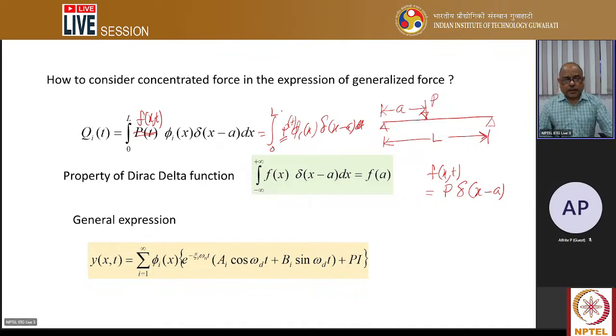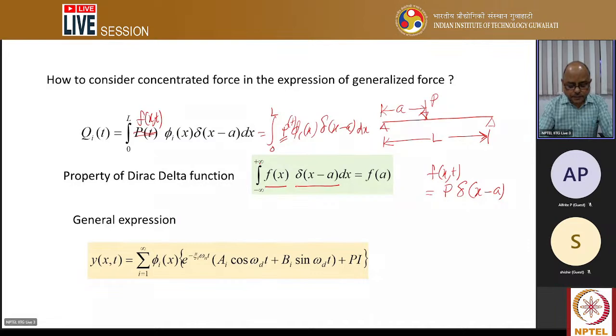So in that case, you will get an integration that requires to be evaluated using the property of the Dirac delta function. This property is very important and is conveniently used in many physical problems. If the Dirac delta function is multiplied with another function, say f(x), and then integrated with respect to x between limits minus infinity to plus infinity, these are two extreme cases, but in practical situations this value will be finite.